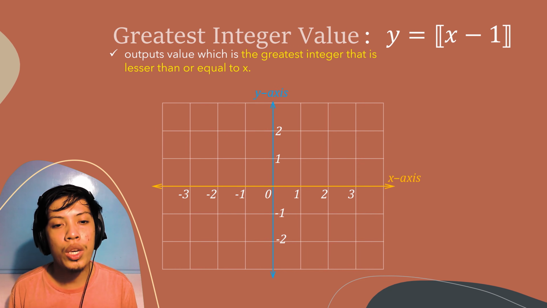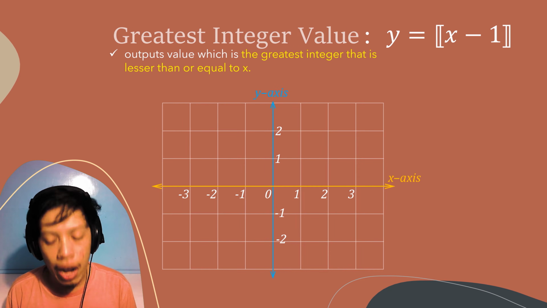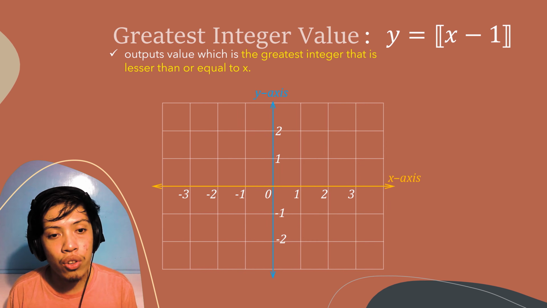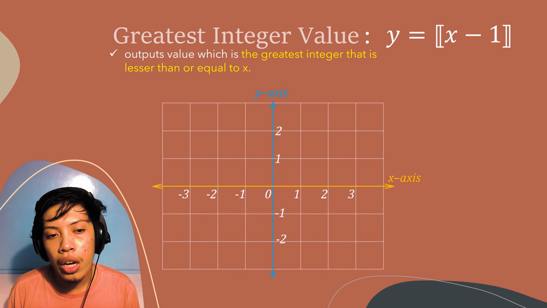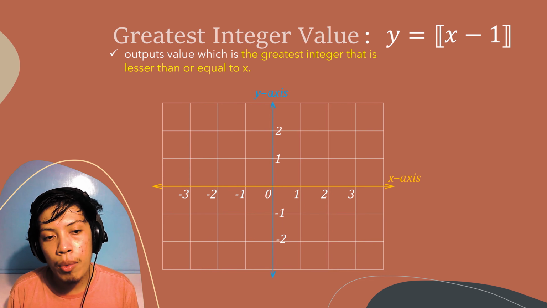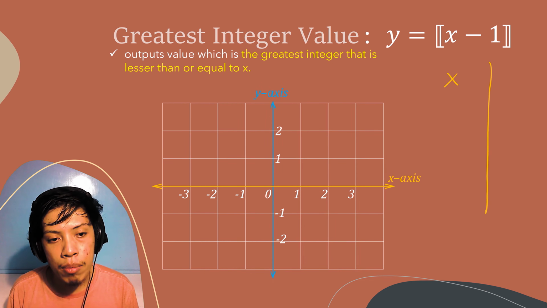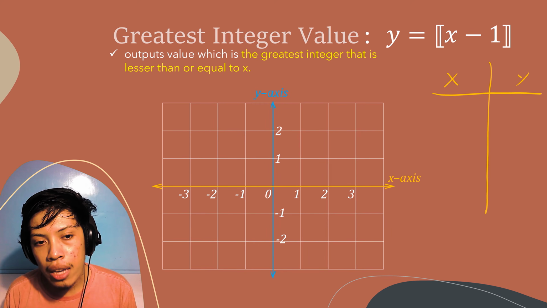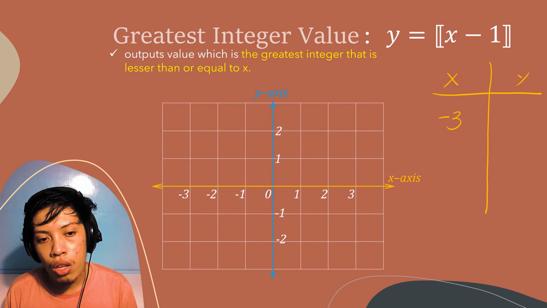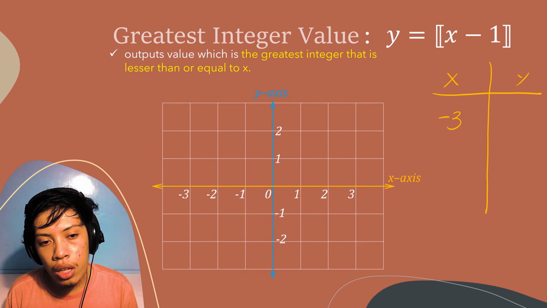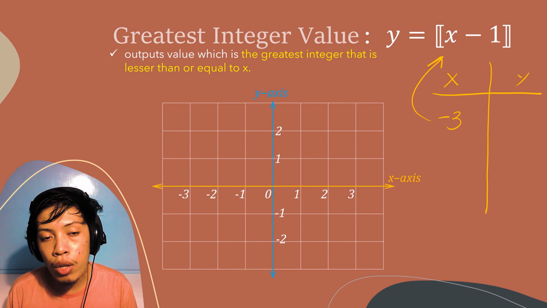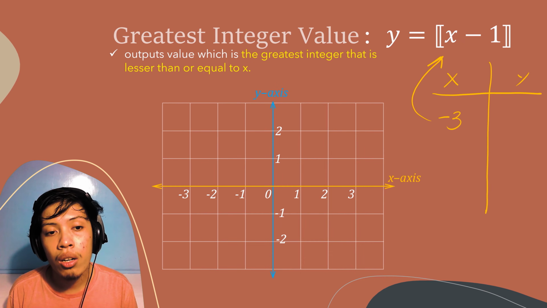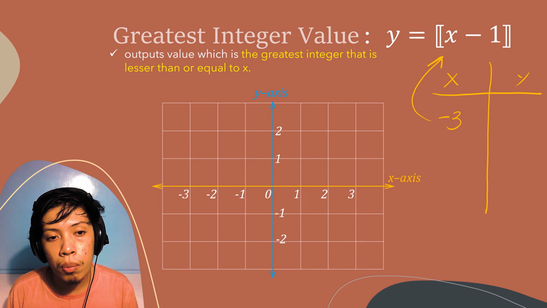So how do we draw the graph for this type of function? Of course, we have to construct the table of values. Let's start when x is negative 3. You just need to substitute negative 3 here. Negative 3 minus 1, that is negative 4.